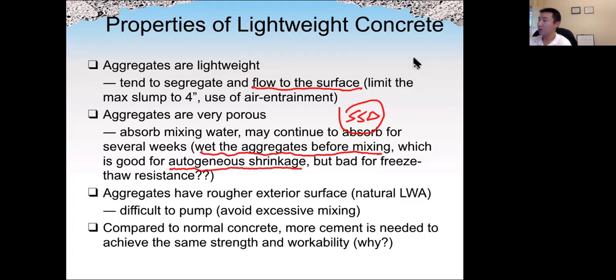So for concrete that has autogenous shrinkage, if we use saturated lightweight aggregate, it will slowly release moisture to the surrounding cement paste, effectively reducing the autogenous shrinkage.